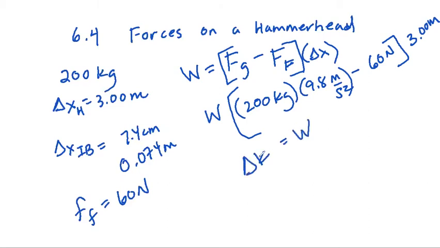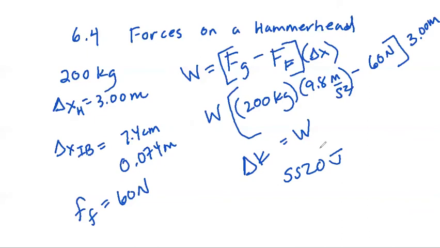Let me get that up on the calculator real quick. 200 times 9.8 minus 60 times 3 equals 5520 joules.